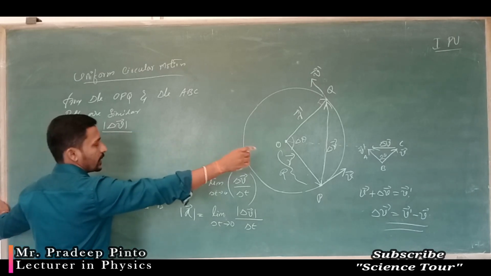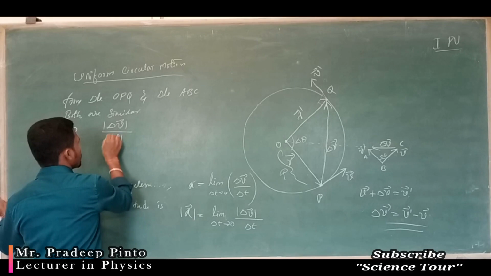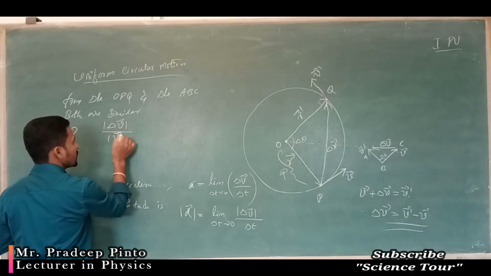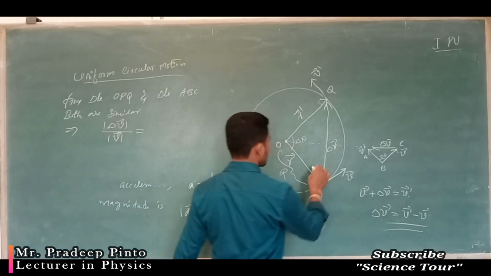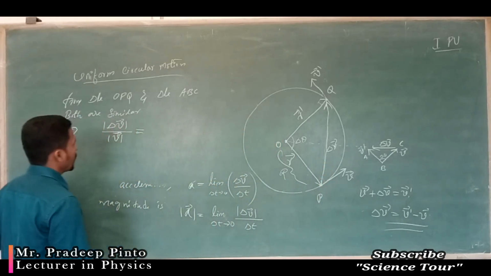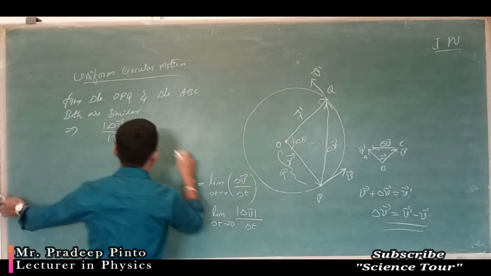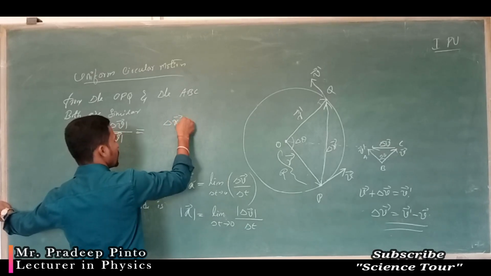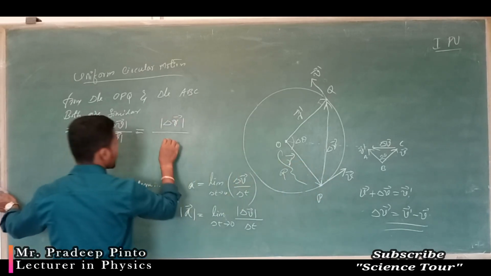For one base and one side we write the magnitude of the vector, since there is no vector, only magnitude. So |Δr| divided by the corresponding side r.